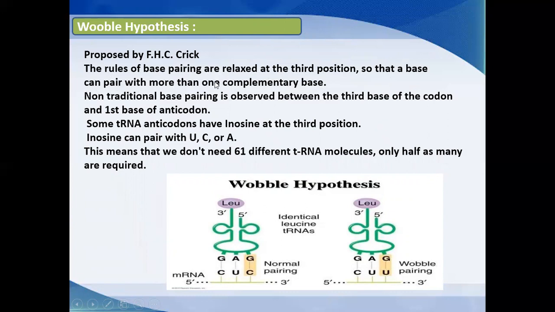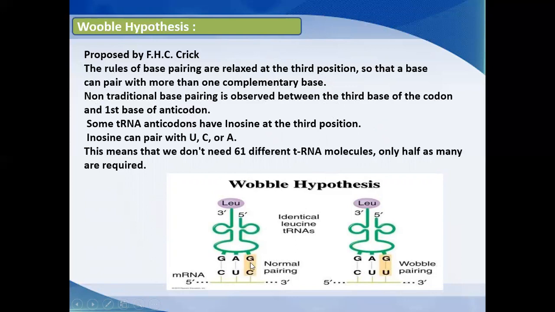Non-traditional base pairing is observed between the third base of the codon and the first base of the anticodon. This is very important.